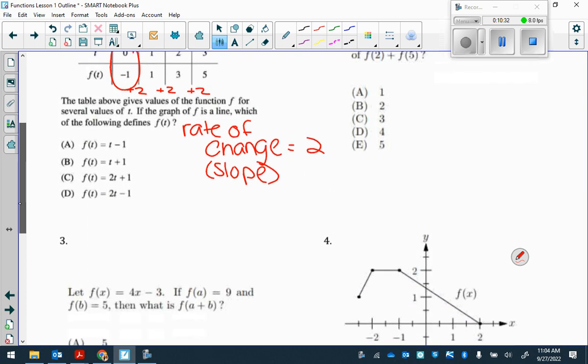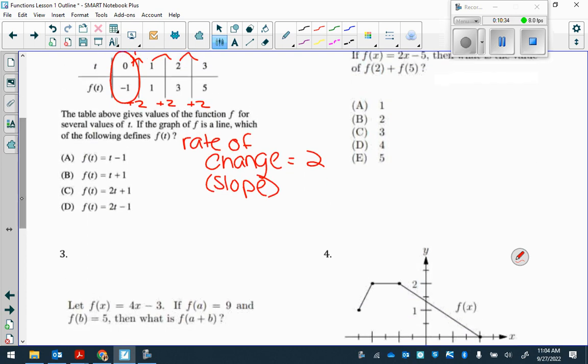Okay, so if you know that your initial term, a0, is -1, if we did it this way, it's 2 times n. Or if you used arithmetic sequences, our first term is 1 plus n-1 times 2, you will get the same answer. Okay? This would be D.